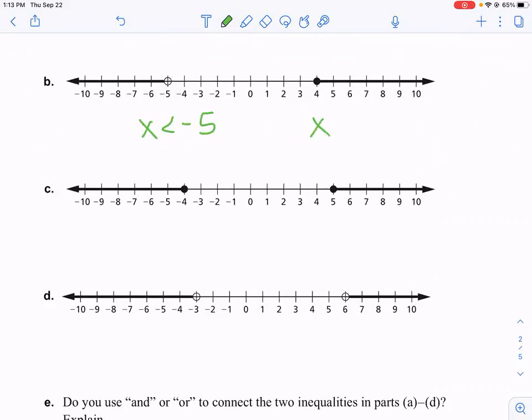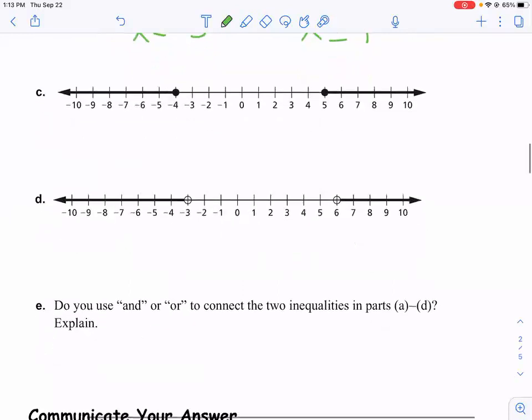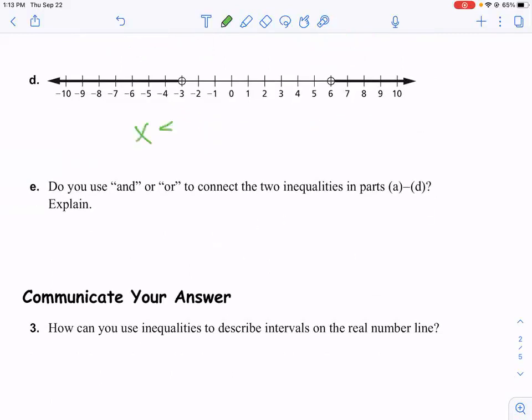And x is greater than or equal to 4. Great. Okay. Carter, letter C. X is less than or equal to -4. Okay. And x is greater than or equal to 5. All right. And then for letter D, you should have X is less than or equal to -3 and X is, oh, JK. X is greater than 6.